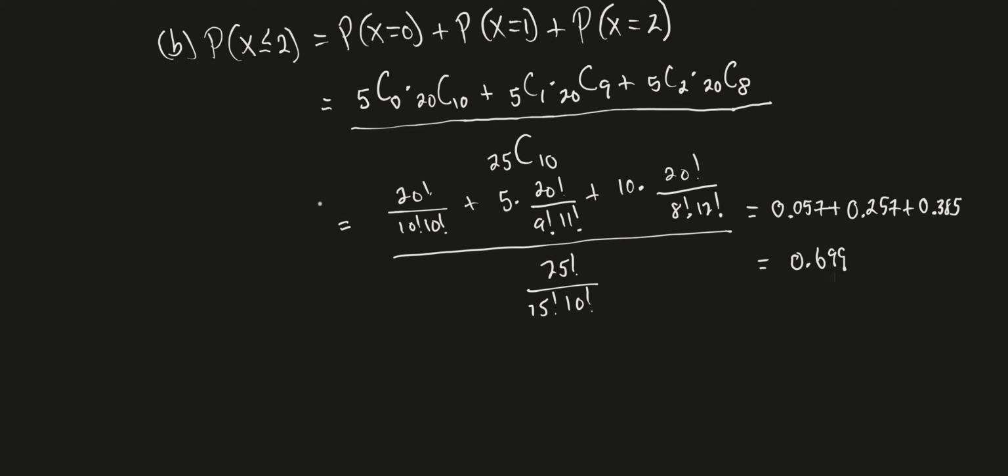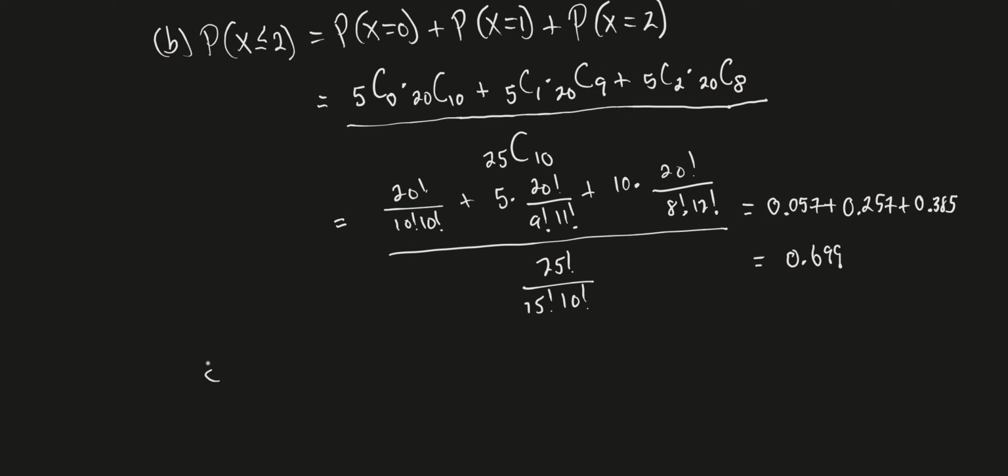Let's finish this up by doing the usual mean and variance calculation. So the mean, or the expected value, so how many successes would we expect if we did this particular sampling?